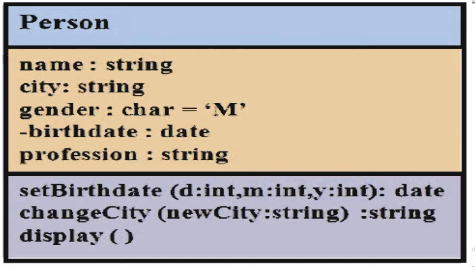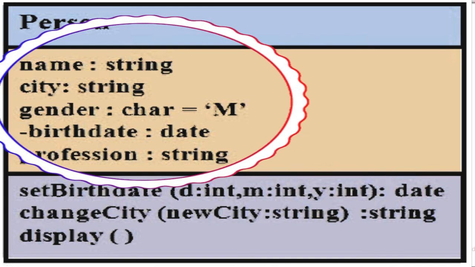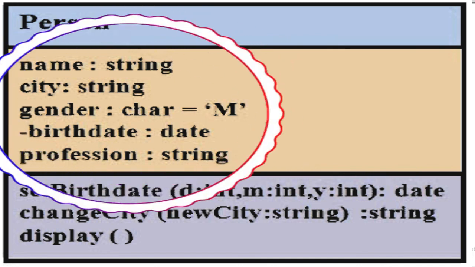This is how a class is represented in UML convention. In a class diagram, there are particular rules to represent that class. On the top of this representation, there should be the name of that class. That is number one: name of the class at the top. Then in the center, attributes or properties of the class in the middle section.